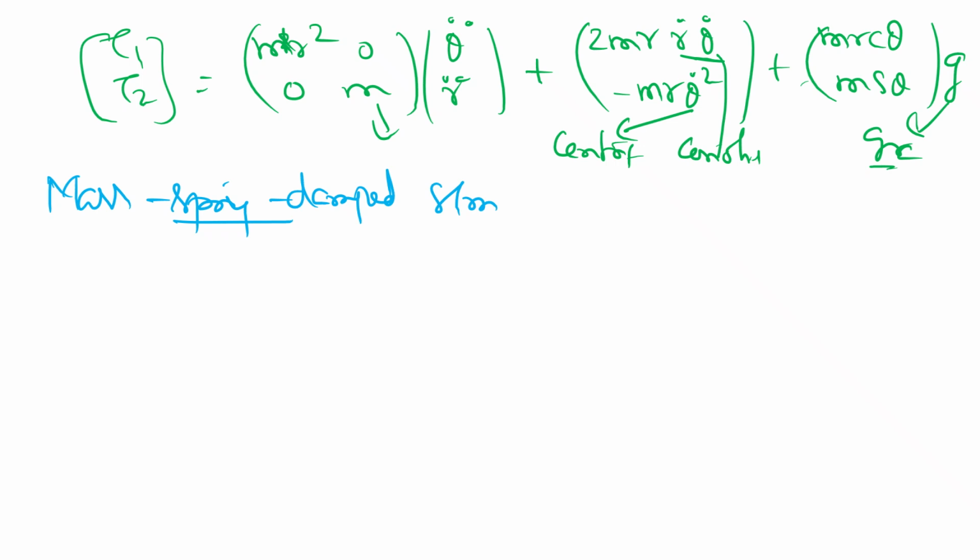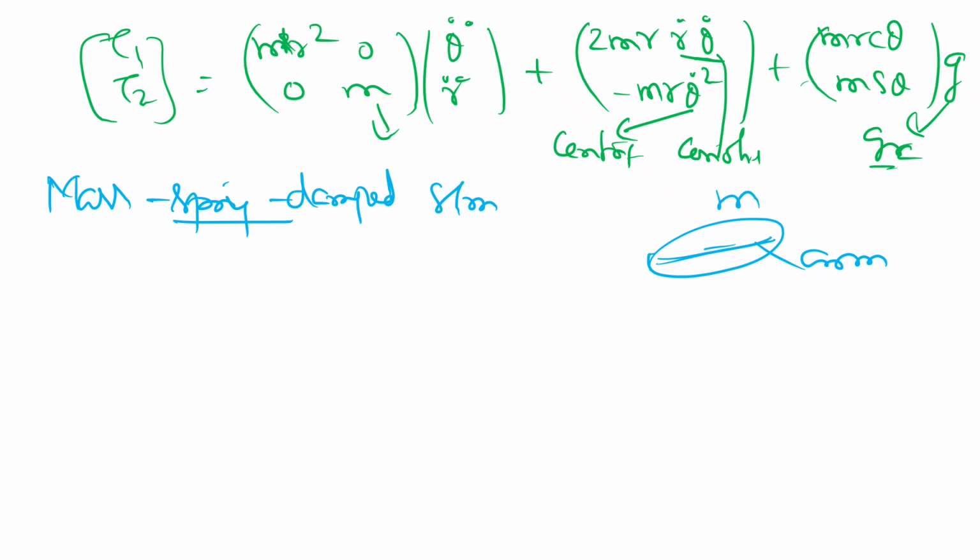If you take a car, you have the mass of the car, and the spring action you have, and then damping means the friction between the car tire and the road. Also you can take a single robotic arm, in which the link has mass.